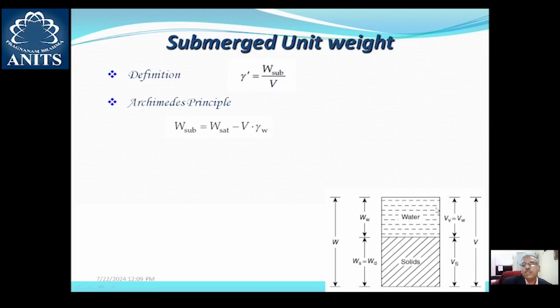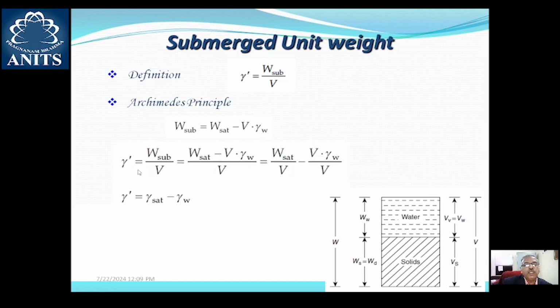Now, when a soil mass is completely saturated, a liquid whose volume is equal to the total volume of the soil is replaced by the soil which is in the submerged condition. Therefore, as per Archimedes principle, the submerged weight of the soil is equal to the weight of saturated soil minus the weight of the liquid displaced by the soil, that is V into the unit weight of water. So, W sat minus V gamma W.